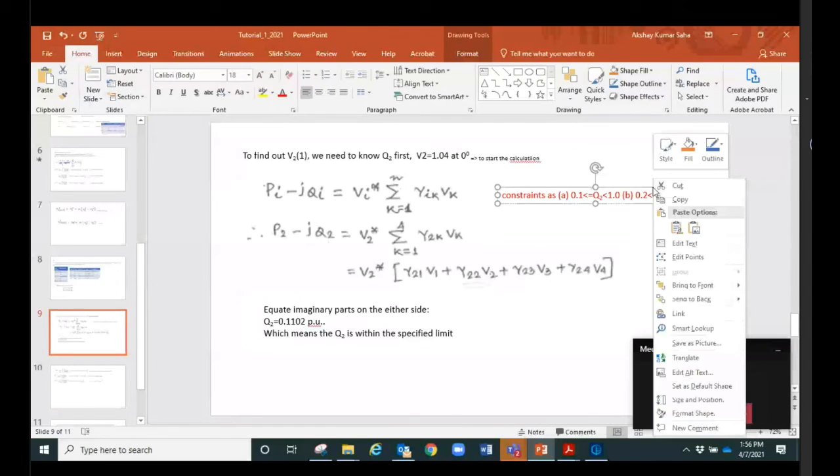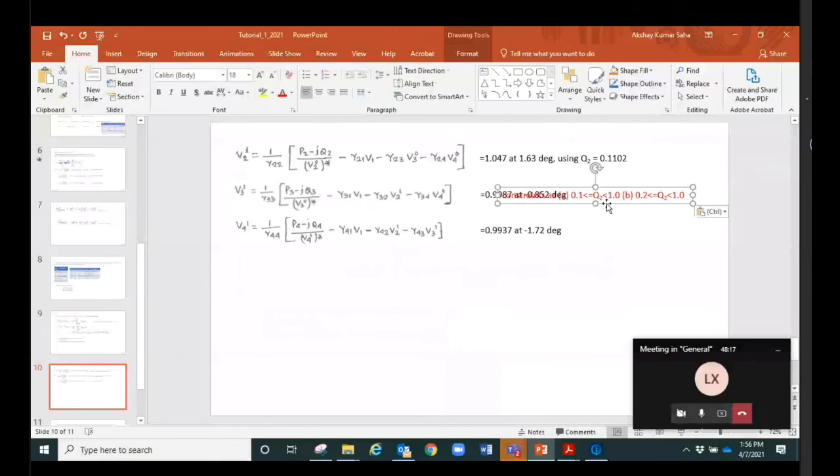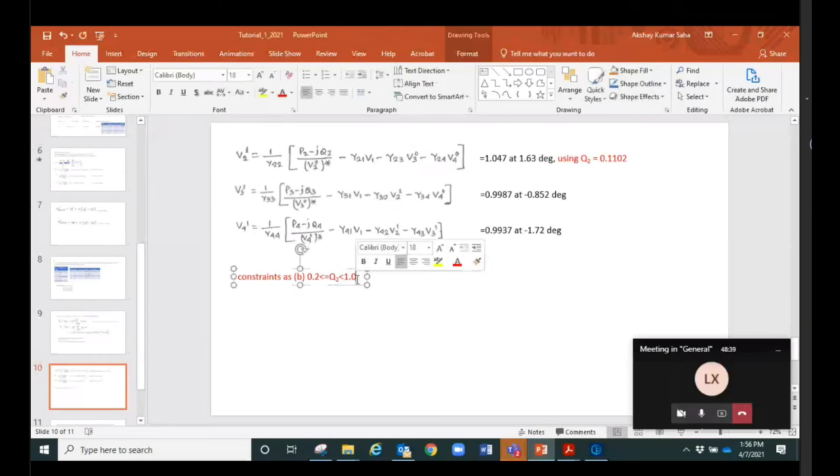If we come here for the second case B, it doesn't fall within that. We got Q2 is equal to 0.1102. So it's outside. So what we should do, we should use the minimum value. So we use Q2 is equal to 0.2 as the minimum. It is falling on the minimum side.